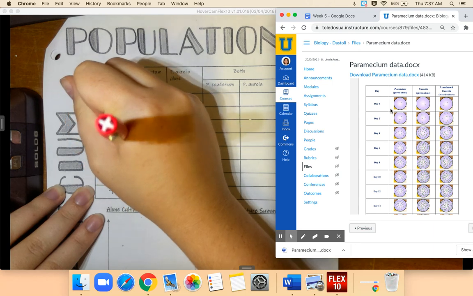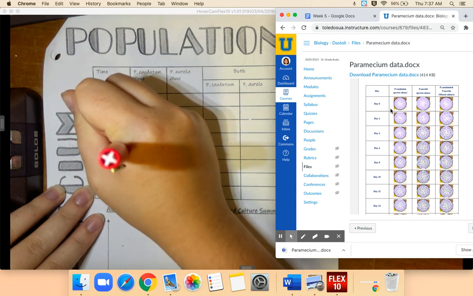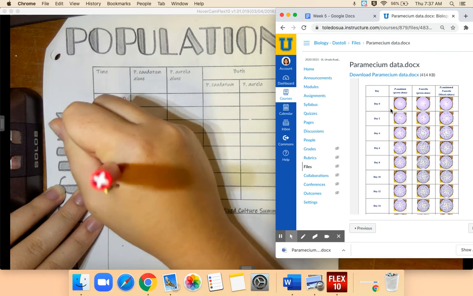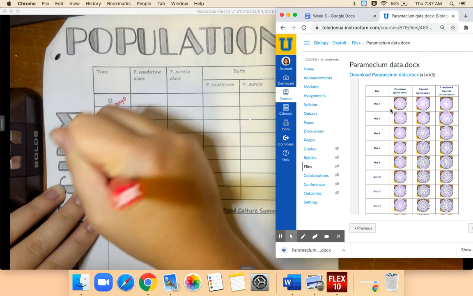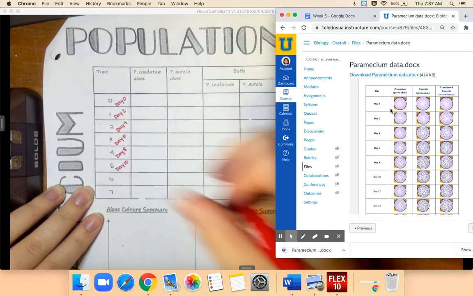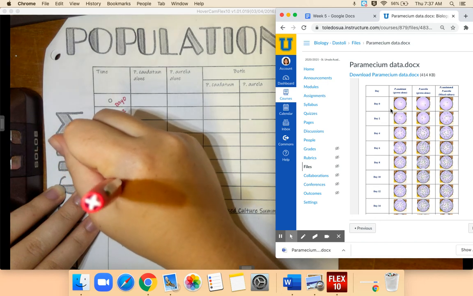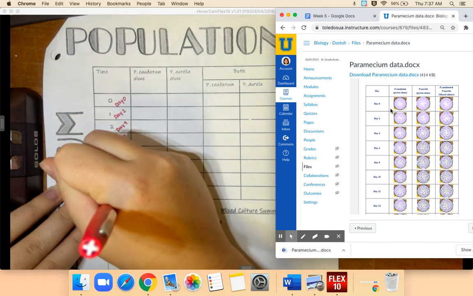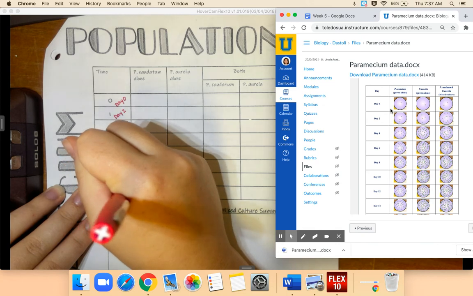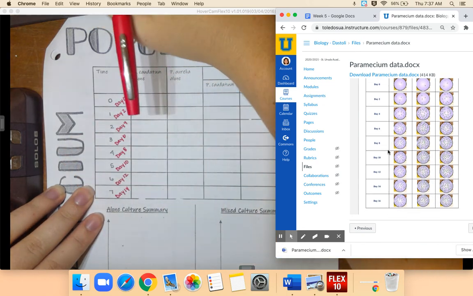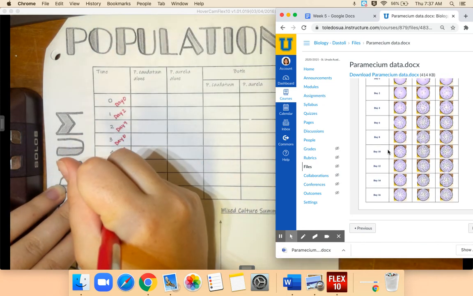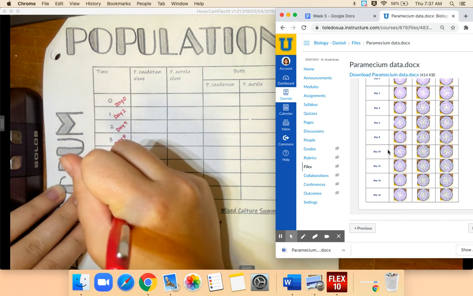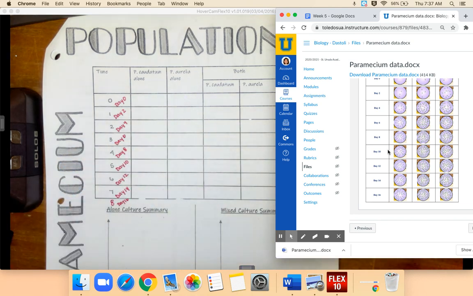Time 3 would be day 6. Time 4 would be day 8. Time 5 would be day 10. Time 6 would be day 12. Time 7 would be day 14. And you will notice that this goes to 16, so we're going to add a column for day 16.